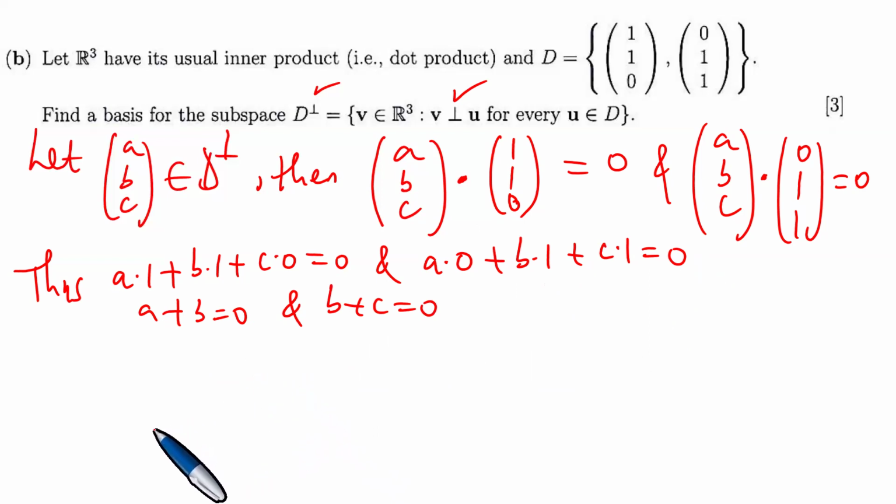And then with this, we have a set of equations that you can use. This means that A is equal to minus B, and B is equal to minus C. What can we achieve out of this?